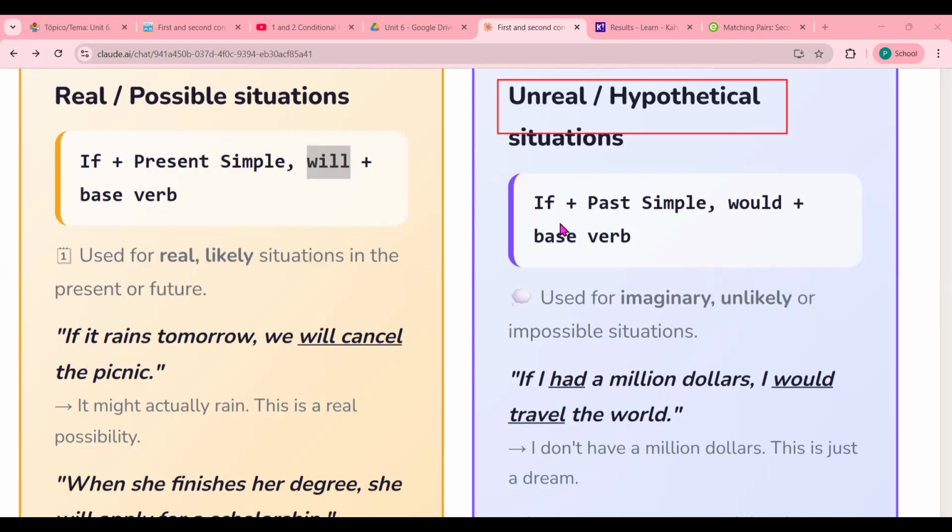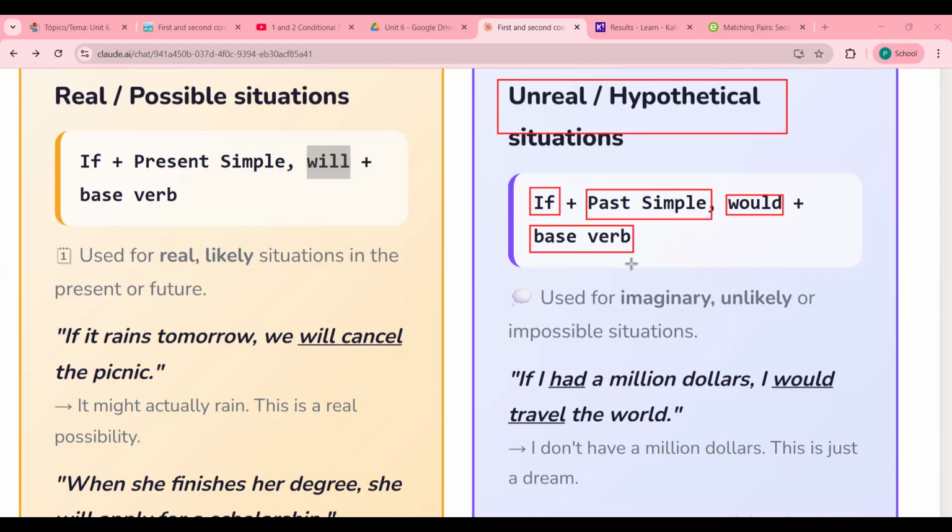Contrasting. In second conditional, if is regularly used, but the condition is in simple past or past simple, and would, it's a modal, and base form.